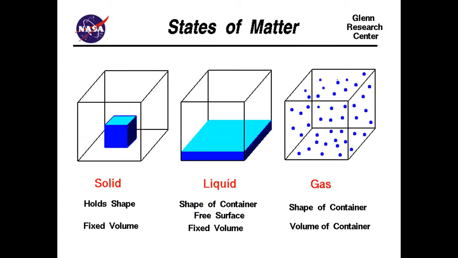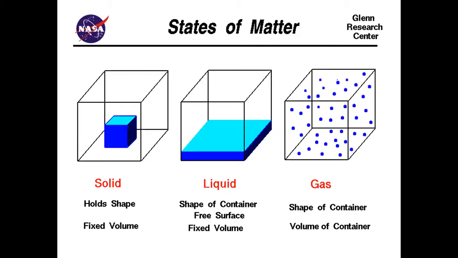So here we have a picture that shows us how the various phases of matter differ. So solid, it holds its shape, and there is a fixed volume. So I have a glass here, a cup, and I'm going to put a solid in it.